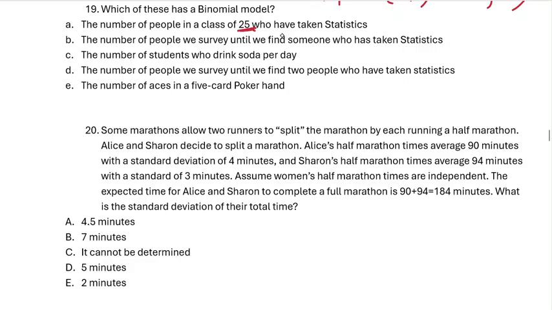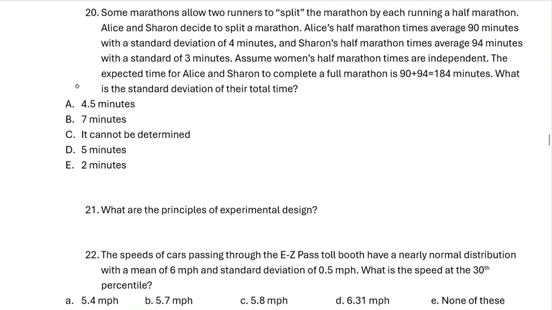So they either took statistics or they didn't. That's sounding pretty good. The number of people until we find someone, that's geometric, so it's not B. Just the number of people who drink soda in a day, that's a count. And the number of people until we find 2 who've taken statistics. Well, the answer is going to be A. The number of aces in a 5-card poker hand. Okay, that's all right.